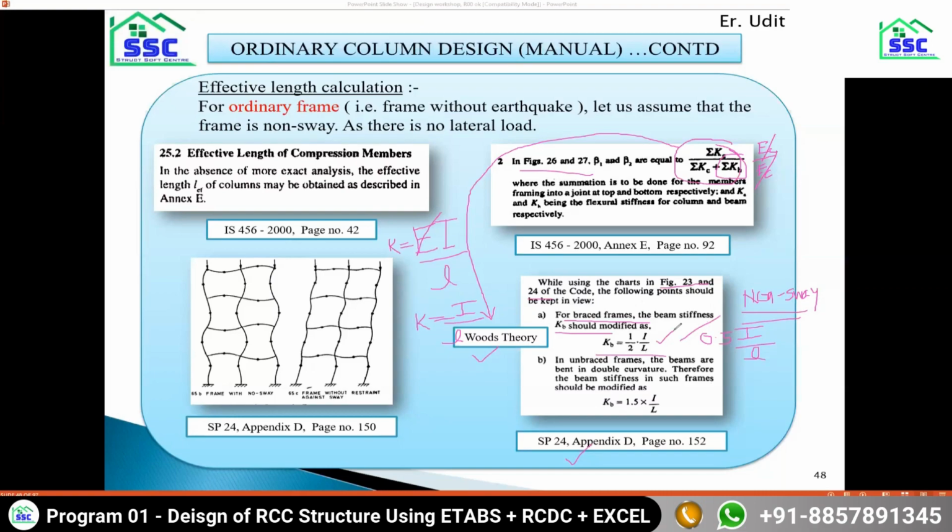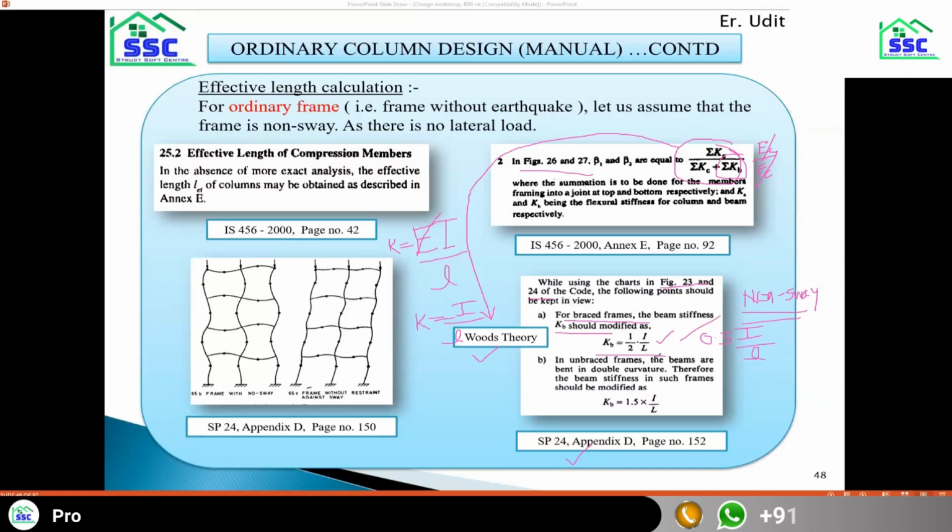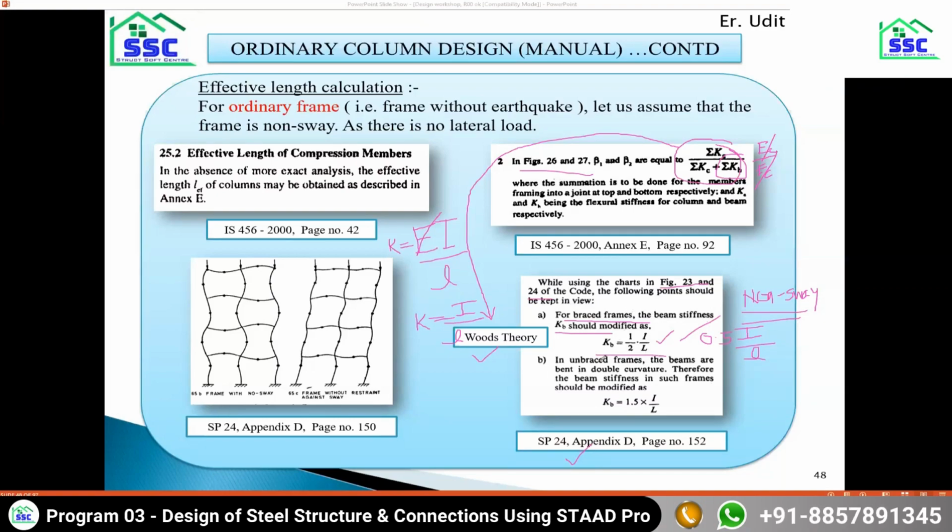Now, why is this factor 1/2? That you have to study in Woods' theory in detail. But right now we are only showing you where exactly this value of KB is given. So for a non-sway frame, KB will be equal to 1/2 I/L, and in unbraced frames, meaning sway frames, the beams are bent in double curvature.